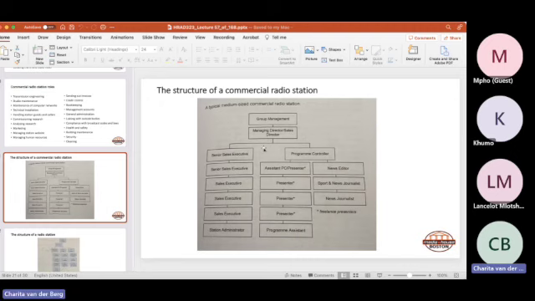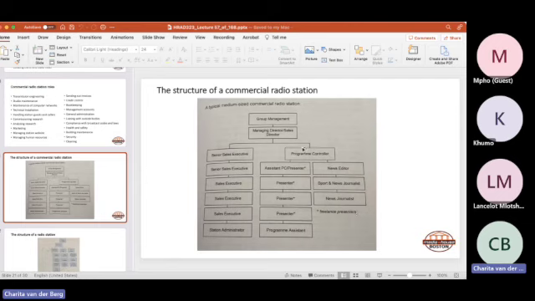Then you have a senior sales executive, sales executives, and a station administrator to assist with all the paperwork. On the other side, you have the program controller, which is the program manager. You have an assistant program controller or presenter, your presenters and a program assistant. Then you also have your news editor, sports and news journalist, and news journalist. And then you have freelance presenters.